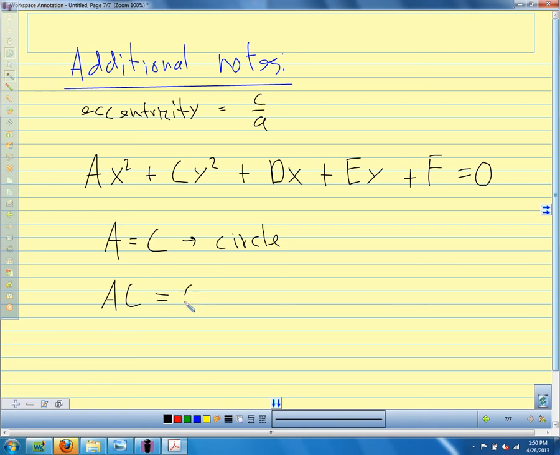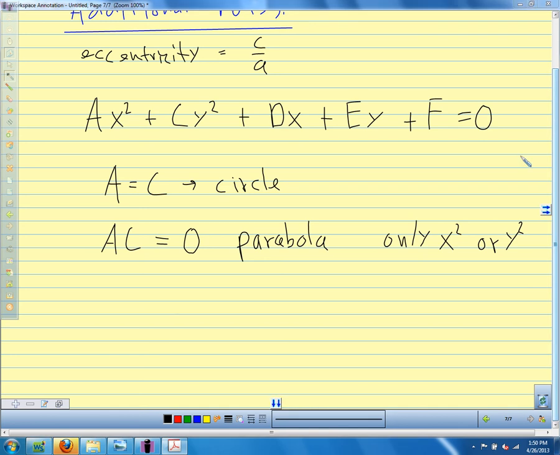If A times C equals 0, we have a parabola. And that means only x squared or y squared. We only have one squared thing. If AC is greater than 0, we have an ellipse.